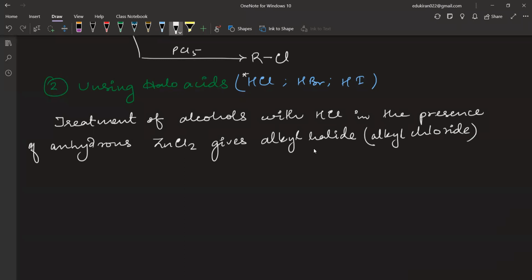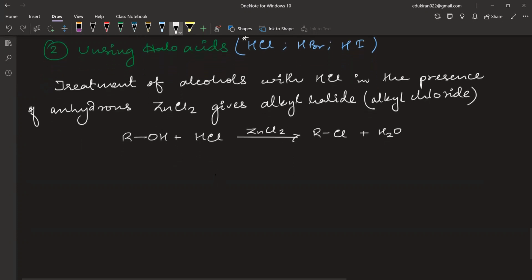Generally speaking, it will be alkyl halide. That means if you have ROH, plus HCl, in the presence of ZnCl2, you get RCl plus H2O.